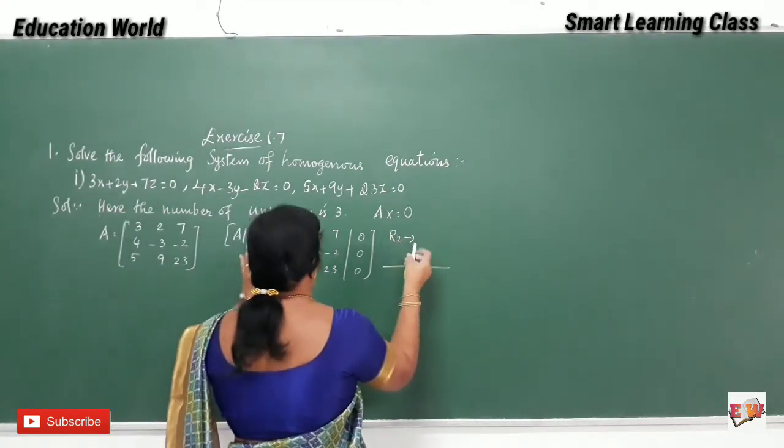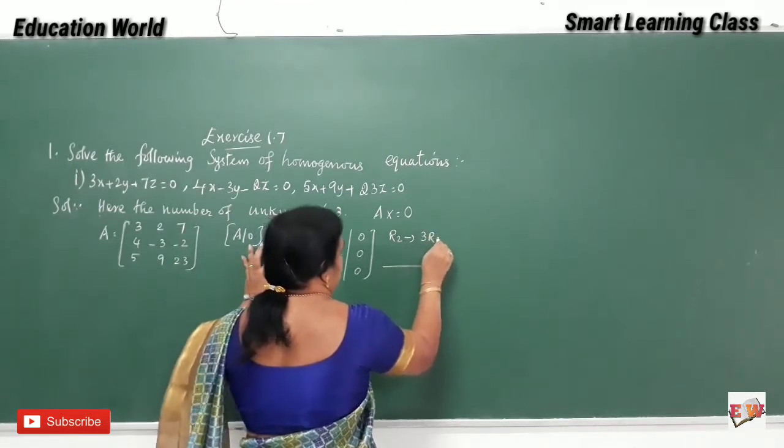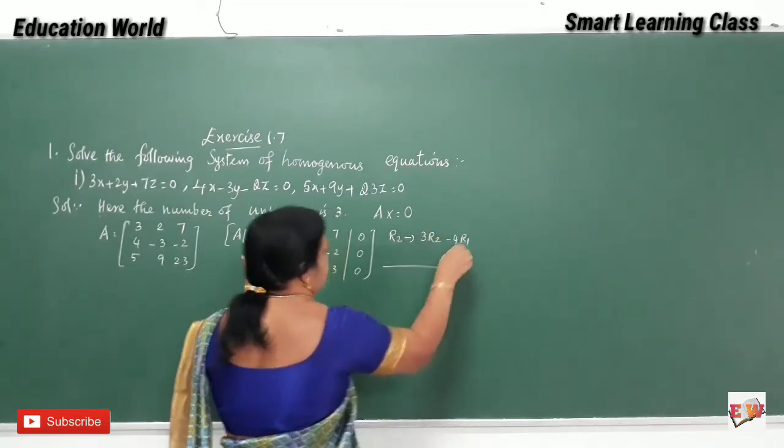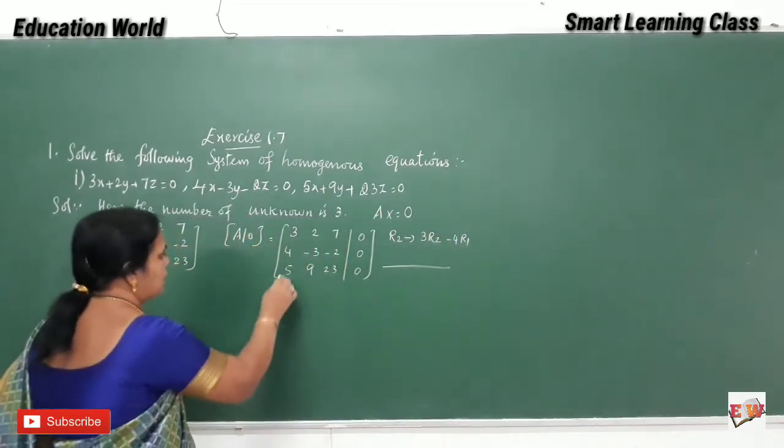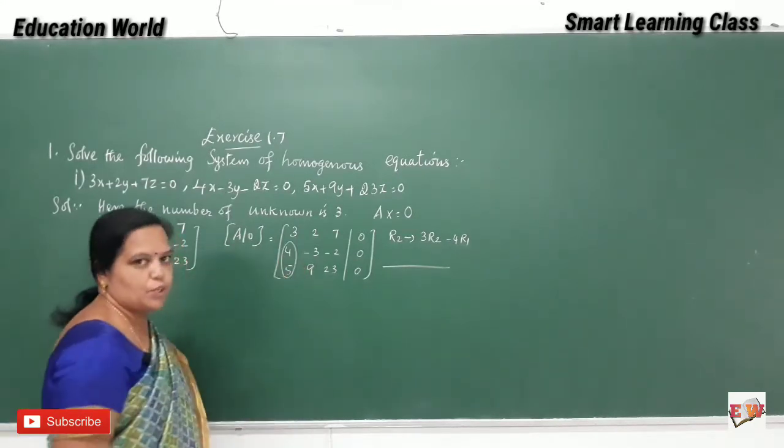R2 gives 3R2 minus 4R1. See, these two terms should become 0.